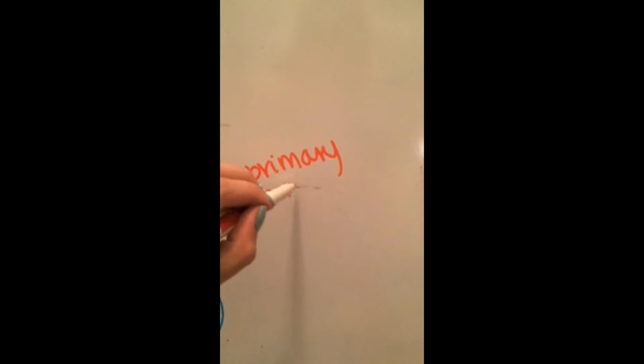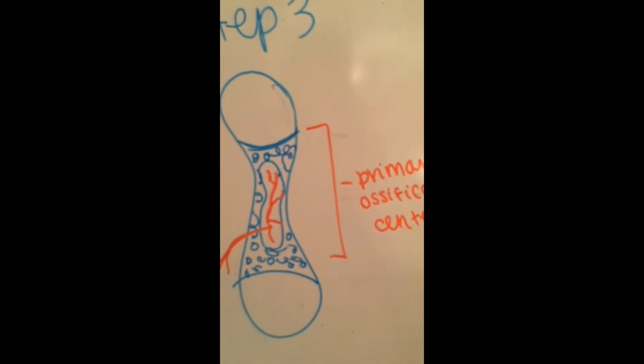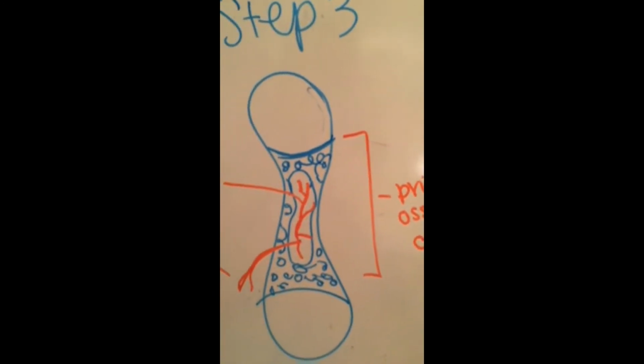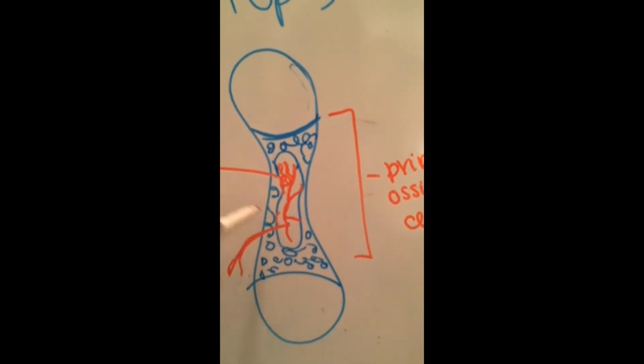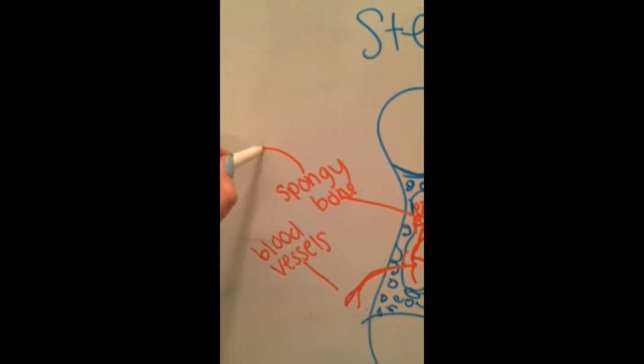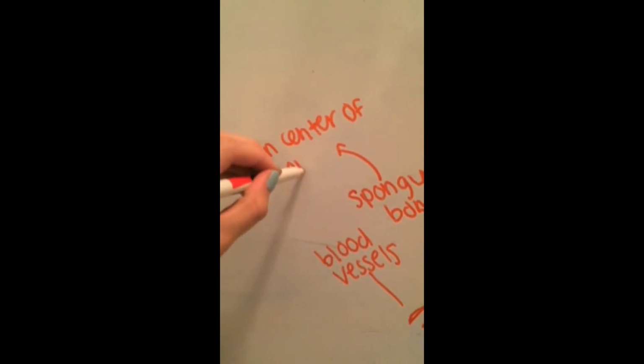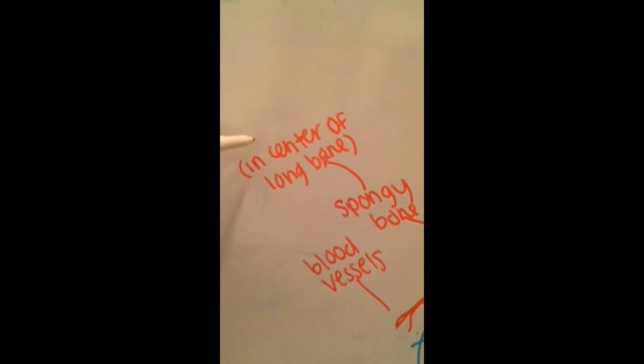Moving on to step 3, now you can see that the bone vessels are starting to penetrate the cartilage and invade the central region. The central region is also referred to as the primary ossification center. Fibroblasts also migrate along with the blood vessels and eventually differentiate into osteoblasts. This is where you can see the inside of the bone, where the spongy bone is located.